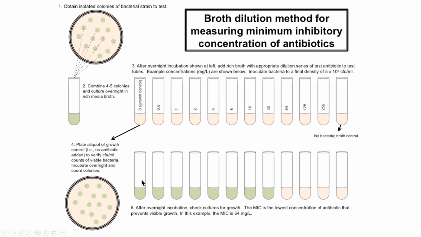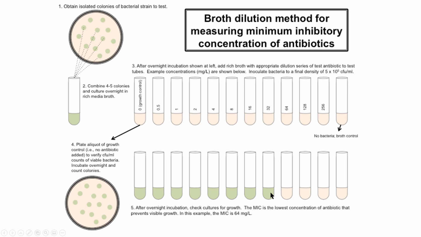And then after the incubation period is over, the growth becomes visible. You can see that it has become cloudy, or the color may have changed. And then you can see at what concentration nothing grew. So for example, in this example, at the concentration of 64 and above, nothing was growing.